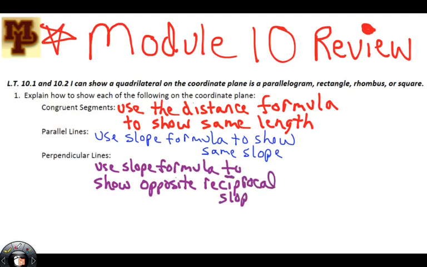And remember what opposite reciprocal slopes are. For example, if one of the slopes is 2/3, the other slope would be -3/2. So flipped fraction and change sign. That would show that there would be a 90-degree angle. That would show that they're perpendicular. Okay?